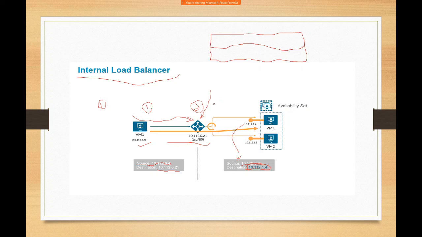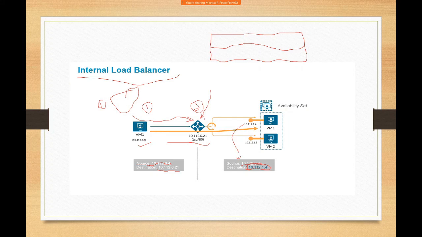Exactly. It's not only the health probe, there are also some load balancing algorithms involved. Here in the standard load balancer, we can do IP based algorithm. What does it mean? I will explain now. We can do IP and protocol load balancing algorithm, and we can do session based. Let's assume you have another VM2, and the IP address of VM2 is not 6.4, it's 6.5.